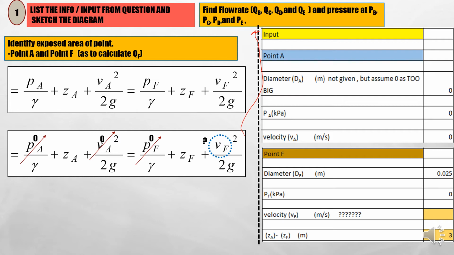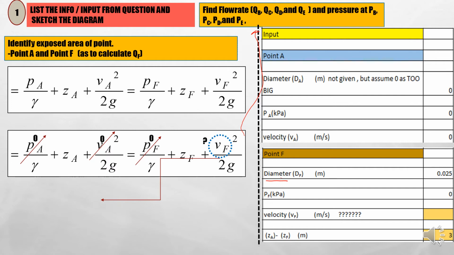Meanwhile, for point F, we already have the information of the diameter at point F, which is the nozzle diameter, 0.025 meter, and PF is equal to 0. The velocity at point F we need to calculate, and ZA minus ZF is given, which is 3 meter.